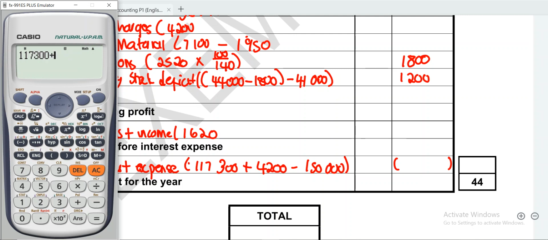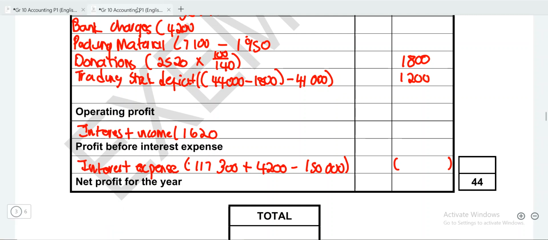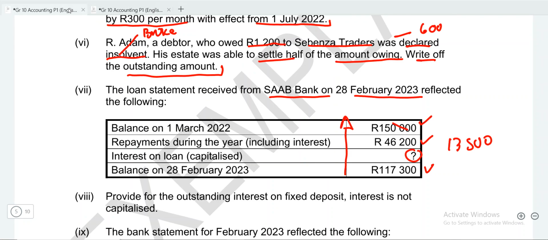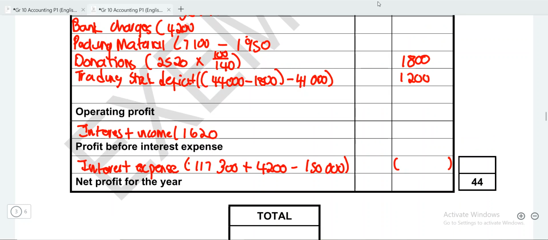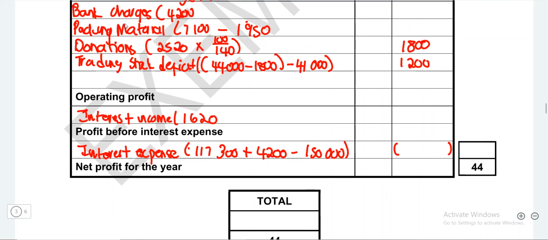So we'd say 117,300 plus, let me check that amount there. The amount there is 46,200. So we'd say plus, let me just correct here, 46,200, not 4.2. Okay.